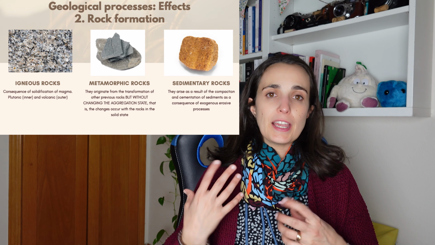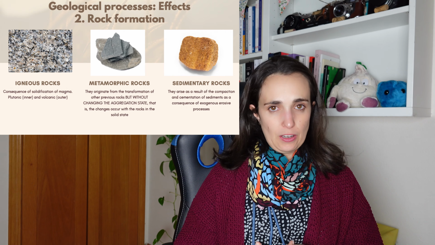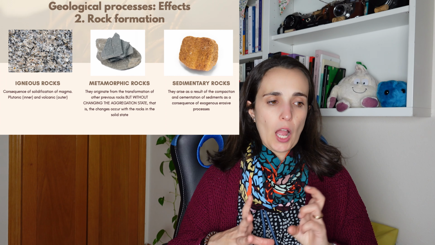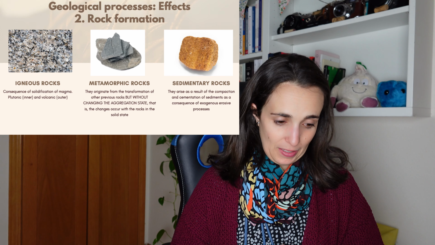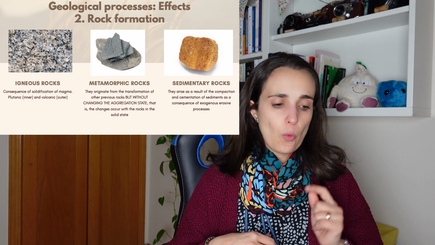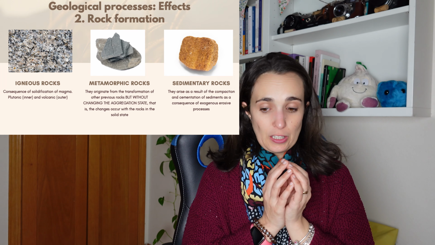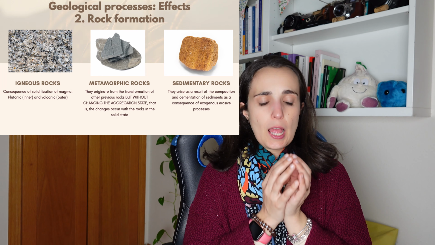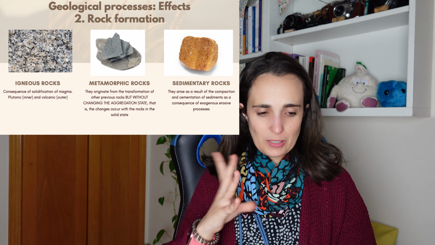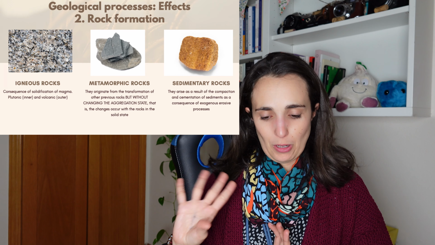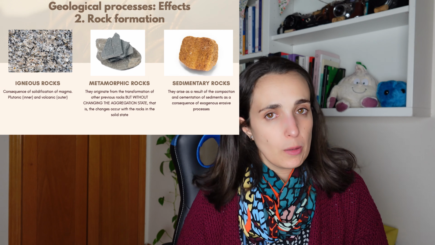So we can have igneous or magmatic rocks both inside the earth, mainly inside the earth, because for each kilometer we go deep down inside the layers of the earth, we are augmenting 1 Celsius degree. So in the nucleus of the earth we have almost 6,000 Celsius degrees. So rocks there, well, not always, but we won't talk about this for now, are melted, and this is called magma.